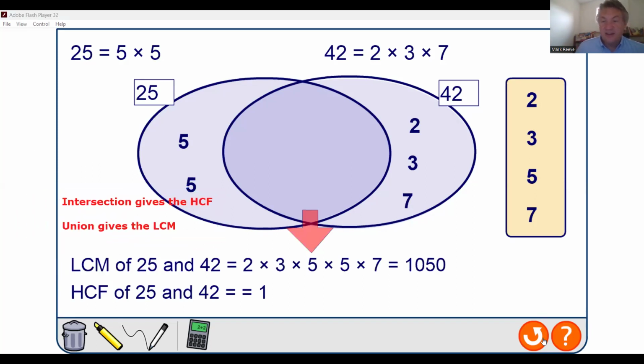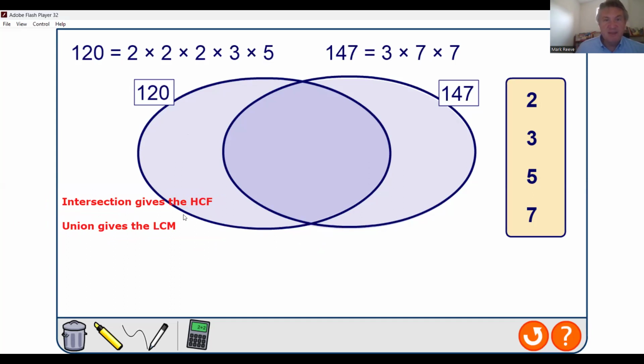So let's have a look at another example. Here we've got 120, which is 2 times 2 times 2 times 3 times 5, and 147, which is 3 times 7 times 7. Again, we put the numbers into the relative sections. No 2s go in the intersection, but there is a 3 in the intersection.